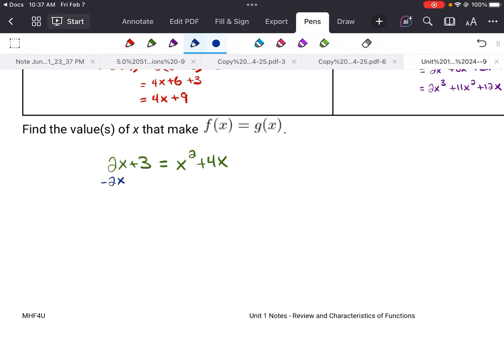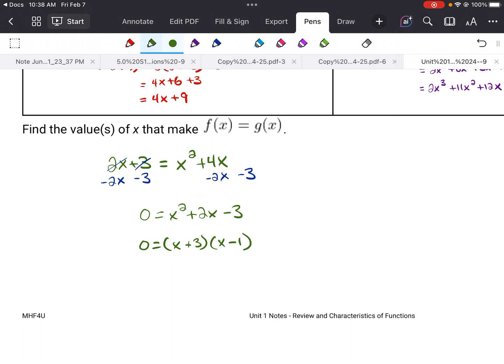So let's subtract 2x and subtract 3 to get rid of those. So we get 0 equals x squared plus 2x minus 3. Simple factoring, the multiples of 3 that subtract to 2 are going to be plus 3 and minus 1.